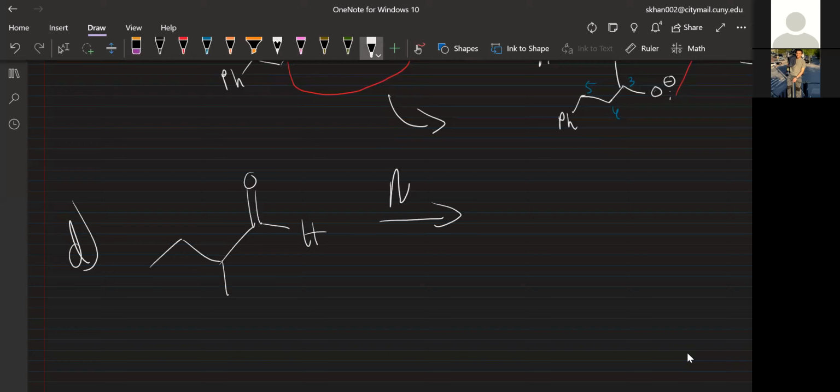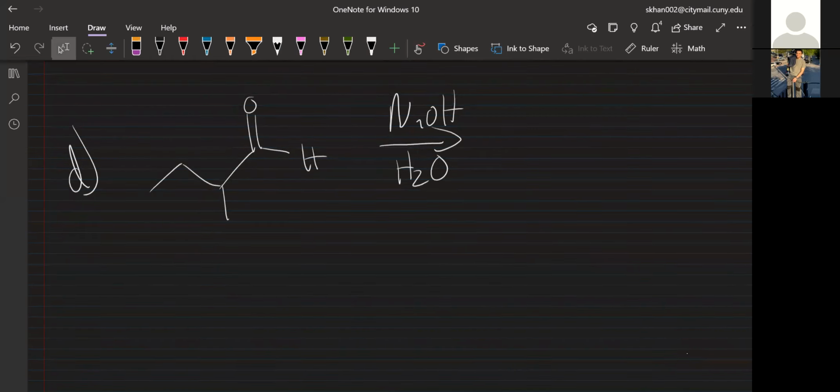We have this, and it's asking for an aldol addition product after using base and water, right? So what we could do first is draw the enolate version right next to it. I'll draw it in the C- version. Now we could do a quick carbon count.